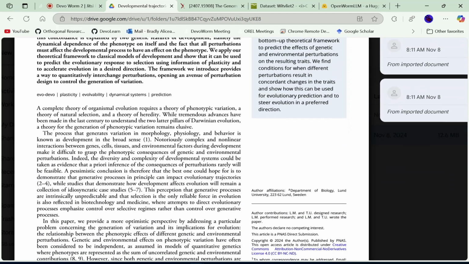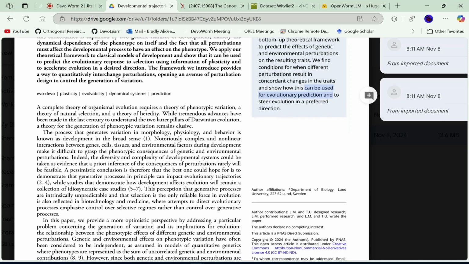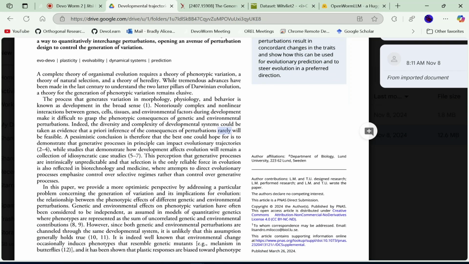So this is interesting. They talk about this process that generates variation. It's known as development. Notoriously complex and nonlinear interactions between genes, cells, tissues, and environmental factors during development make it difficult to grasp the phenotypic consequences of genetic and environmental perturbations.